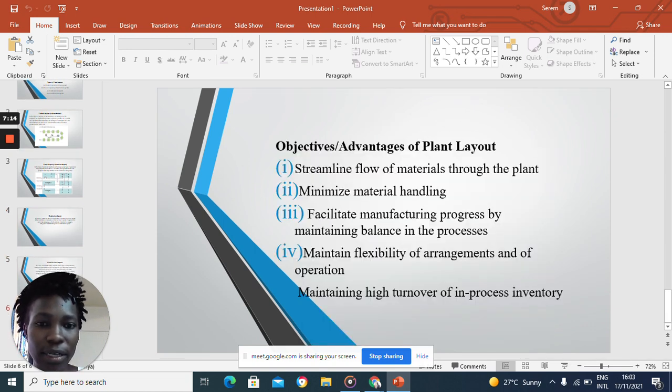And then finally we have the advantages of the plant layout: the streamlined flow of materials, minimizing material handling, you facilitate manufacturing progress, you maintain flexibility, and also you have high turnover in in-process inventory.